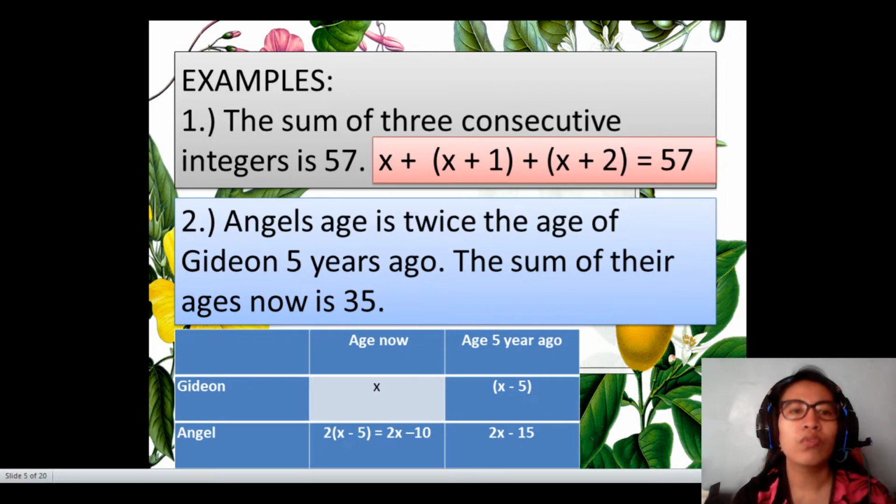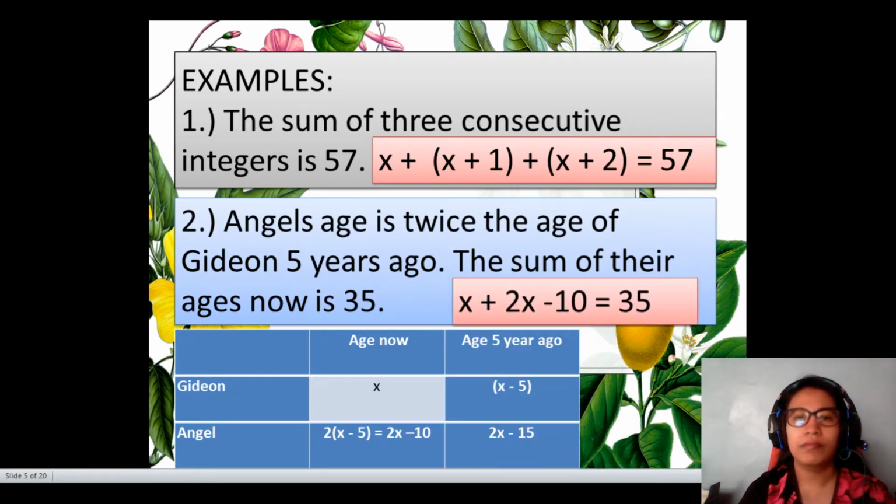And how do we write it now? It says there the sum of their ages now is 35. So we just add the x plus 2x minus 10. This time it doesn't need to have a parenthesis on the 2x minus 10. Equals 35. And you can put it in parenthesis or not. It's the same.